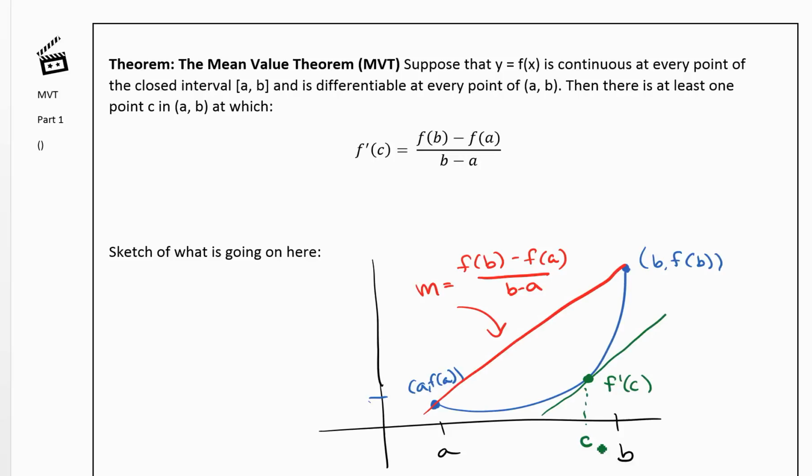Another way of thinking about this: if we have these two values A and B, the slope of the secant line, this red thing, is the average rate of change.